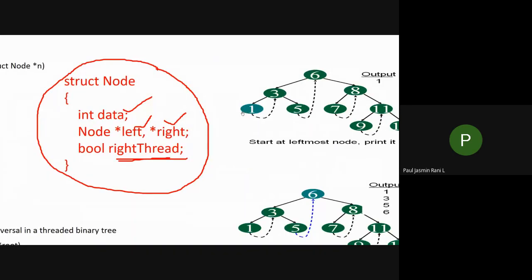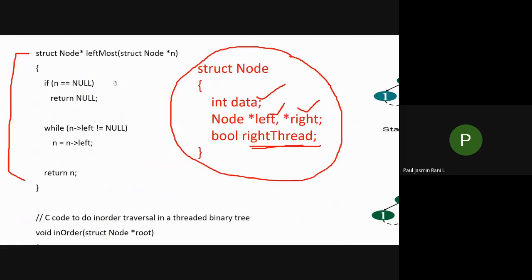When you reach here, it is null, isn't it? When you have a null, then you have to print this value 1, isn't it? In order to do this, I have taken this coding part. If the pointer is null, then you have to return. If it is not null, then you have to keep on doing the traversal.